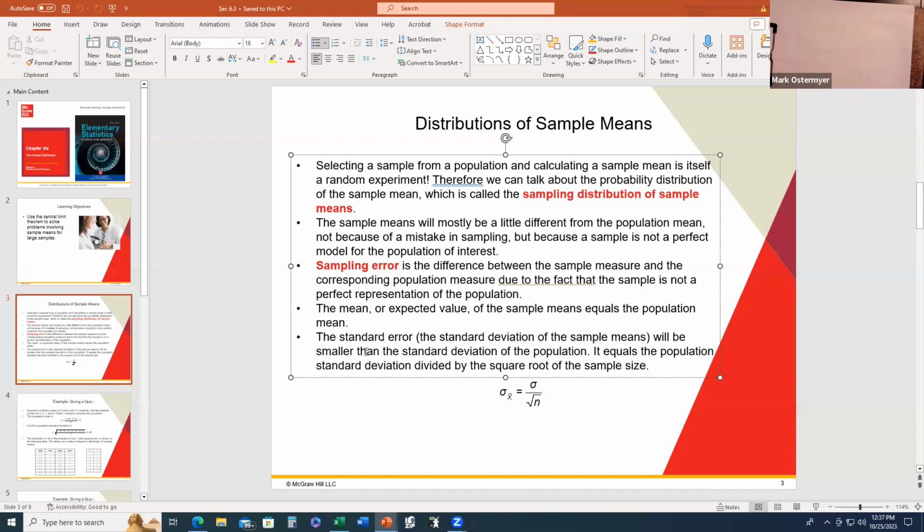And the standard error, as it's most often referred to, or the standard deviation of our sample means of all samples chosen from a parent population of a certain size, is going to be equal to the population standard deviation divided by the square root of the sample size.